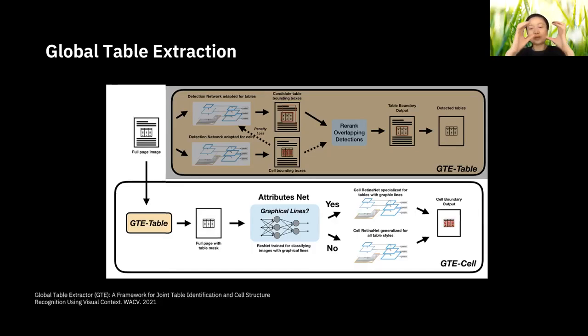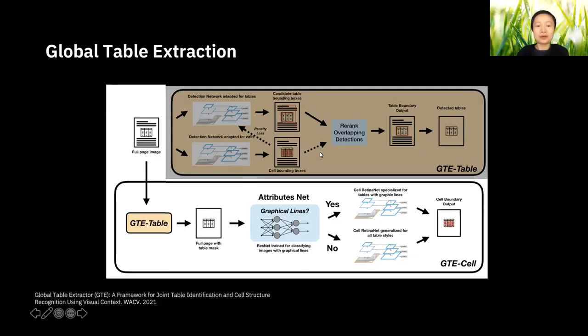So instead of doing it in a pipeline fashion where we identify the table boundary first and then the cell boundary, we do it in a more loosely coupled stage where we try to do both at the same time. And then we re-rank overlapping detections and adjust the table boundary output as well as the cell boundary output.